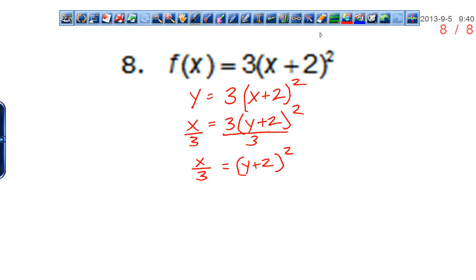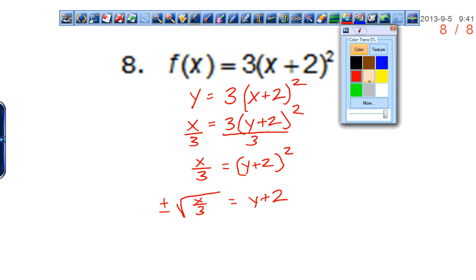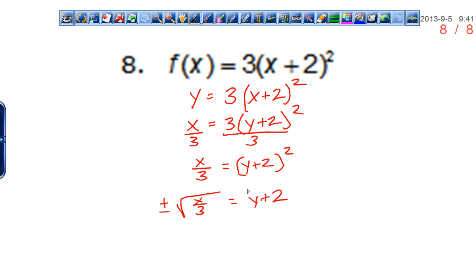And then my next step after that is to square root. So I have plus or minus the square root of x over 3 equals y plus 2. My last step, subtract 2.